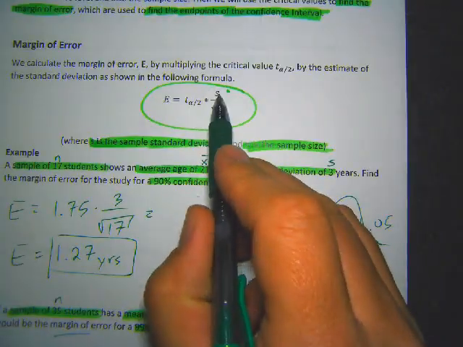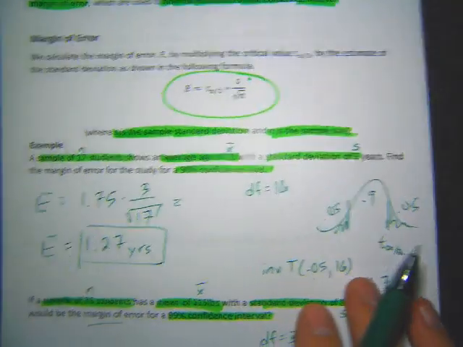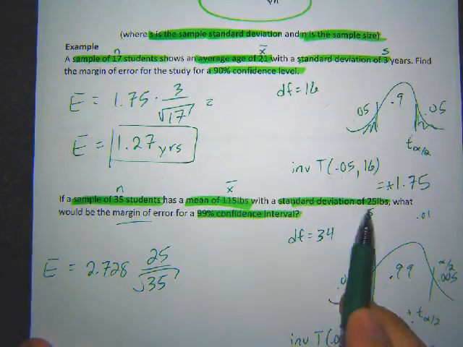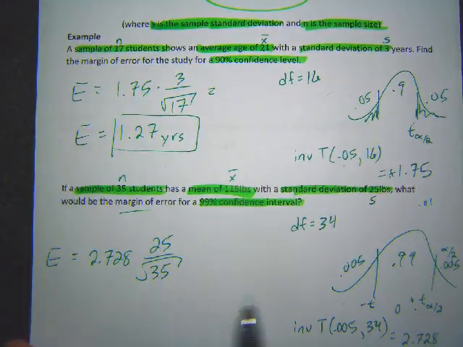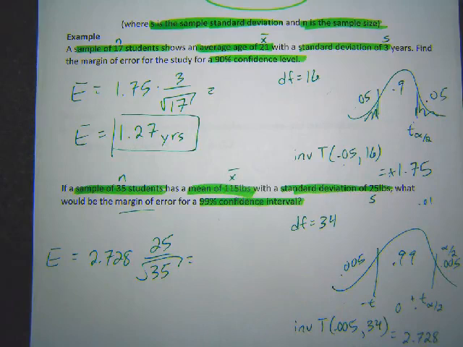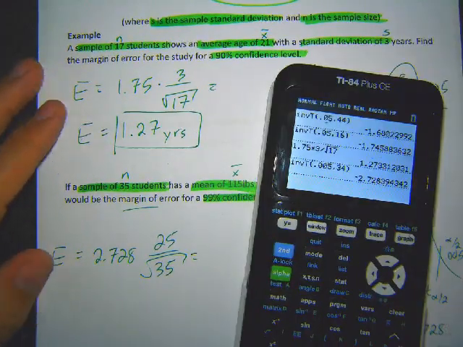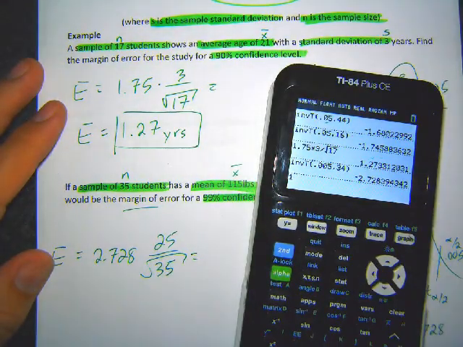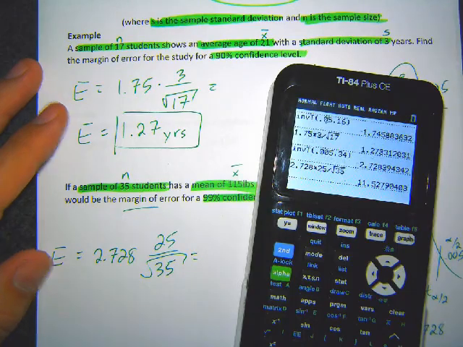So standard deviation on top, sample size on the bottom. You end up with the 25 standard deviation and the 35 sample size, and that's what we're going to plug in. So we're going to do 2.728 times 25 divided by the square root of 35. And that's our margin of error.